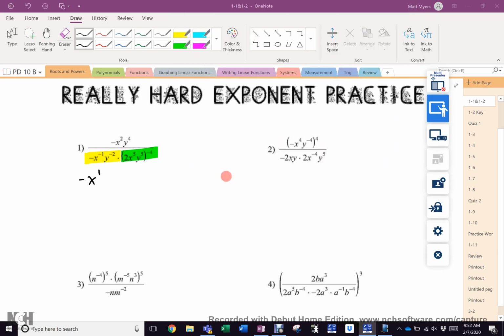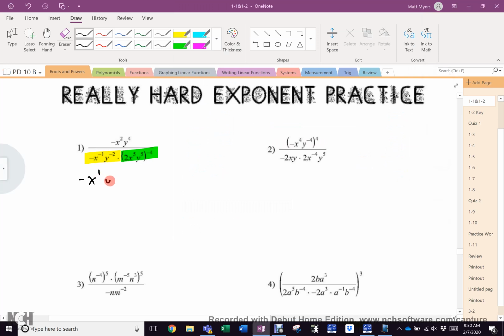Ta-da! Magic. Okay. And this y right here will come up and become y squared, yeah? Now, already up there, I've got a negative x squared and a y to the 4th. So what am I going to do there? A negative 1 times negative 1 becomes what?